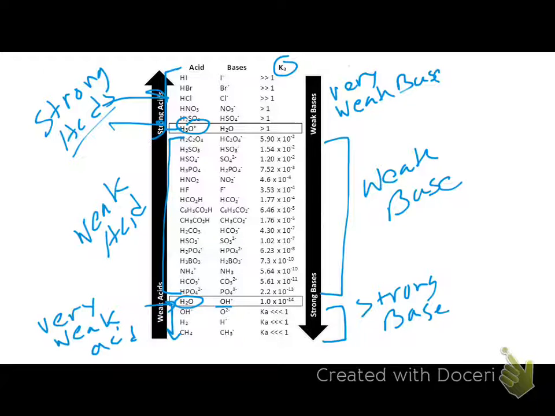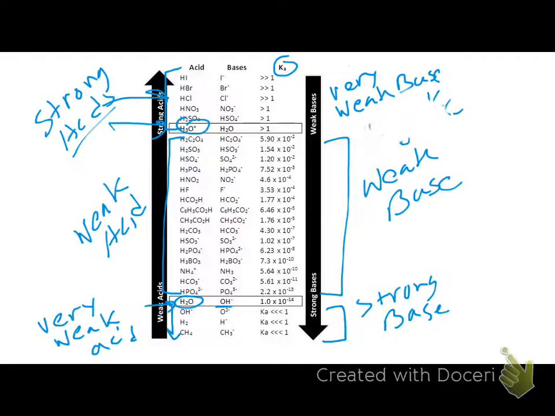Kb's would be considered equilibrium constants for bases. So Kb is also a Kc value. They mean exactly the same thing. All the equilibrium principles that apply to Kc also apply to Kb's and Ka's. It's just that we're dealing with equilibrium reactions involving bases or acids.